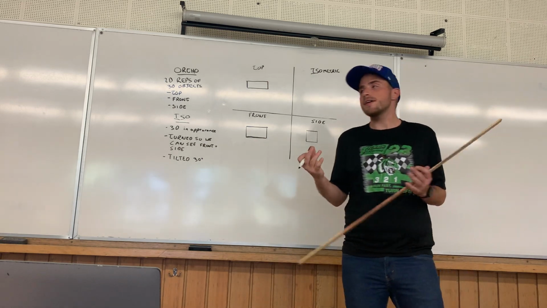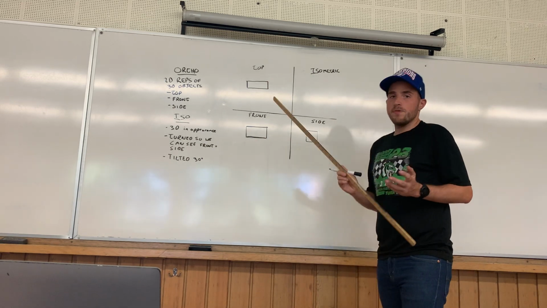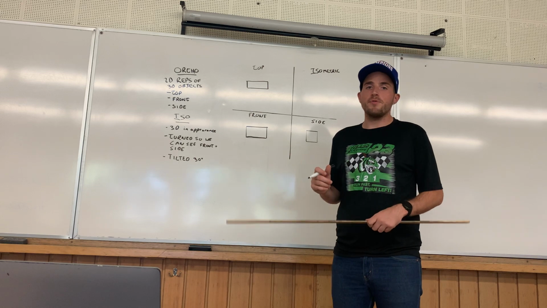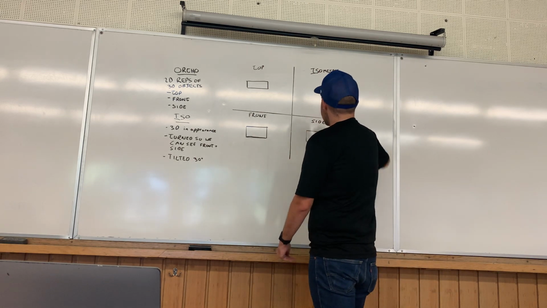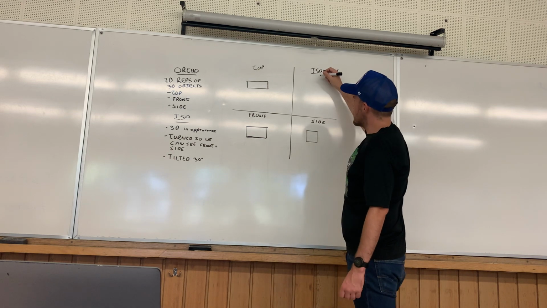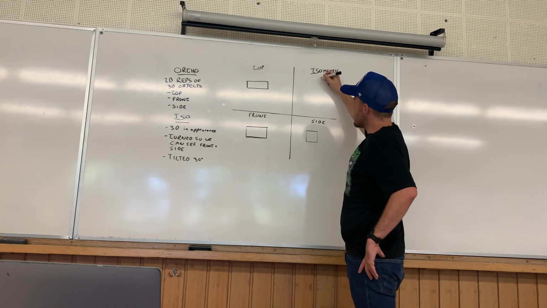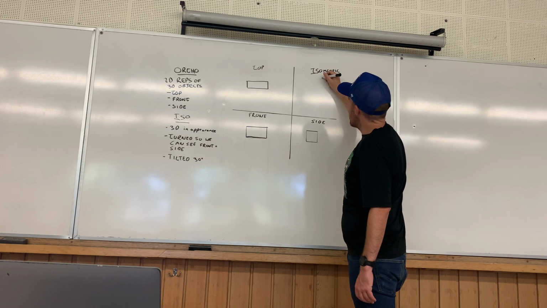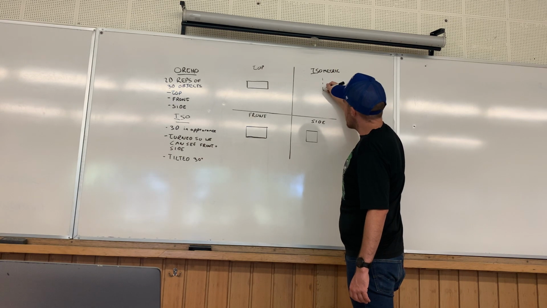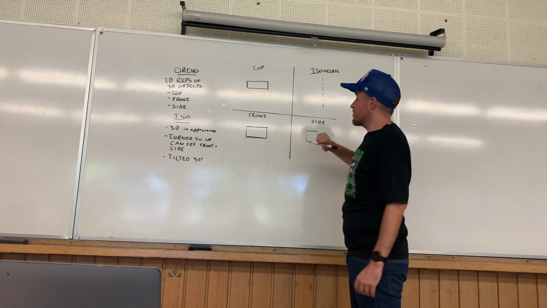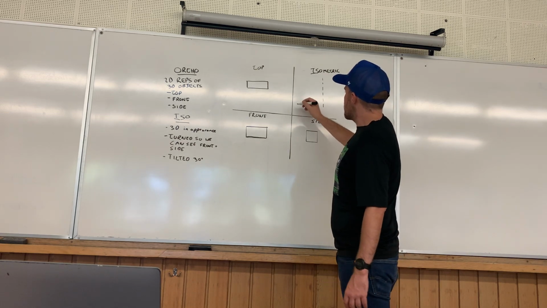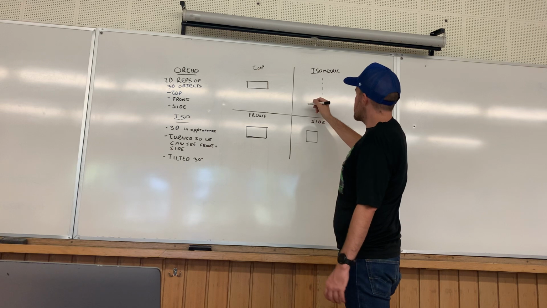So when you're drawing an isometric drawing, there's a couple different steps that you can go through. Let me show you some of the ones that I like to do. So the first thing I like to do is find out where the center of the square is, and then I draw a dashed line down the middle. This is going to be our center line that we're going to work with. After that, I draw a perpendicular line to that center line.